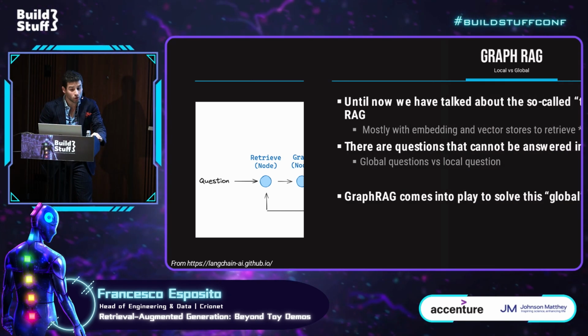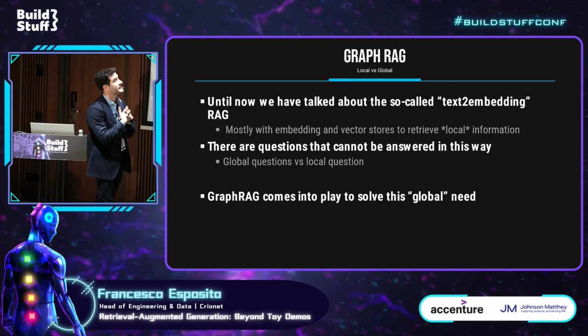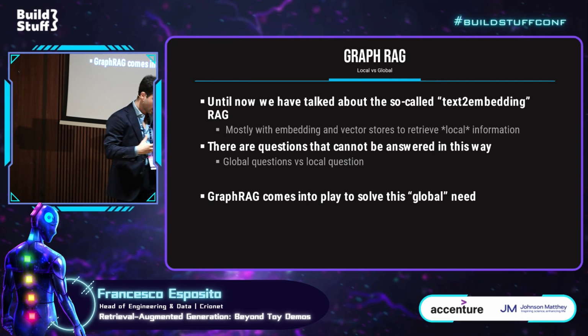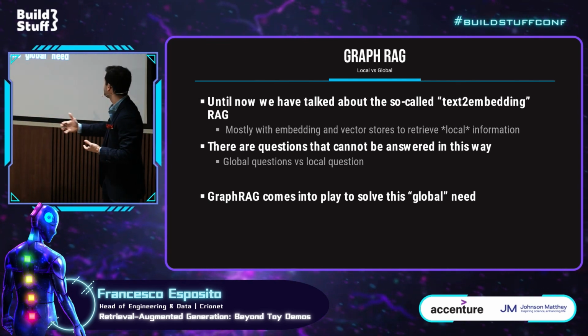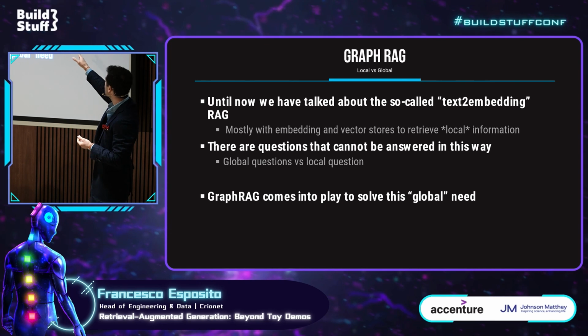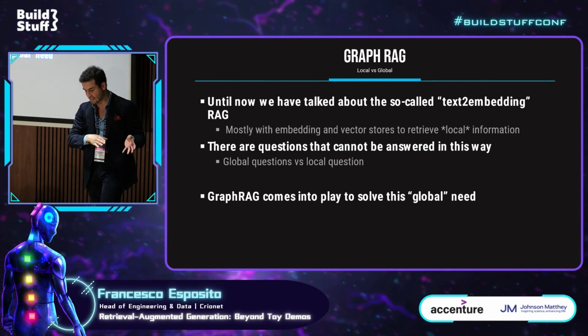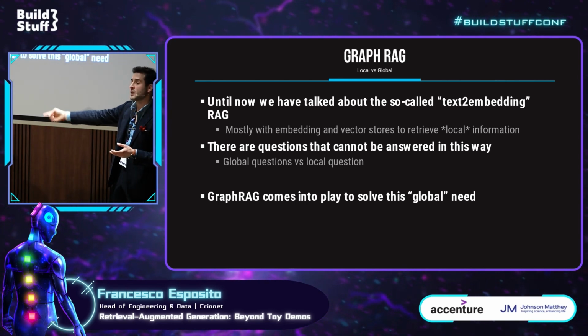And until now, we have talked about the so-called text-to-embedding RAG. But as I anticipated before, there is something beyond that. With text-to-embedding, we embed textual information, and we retrieve it at the retrieval step.